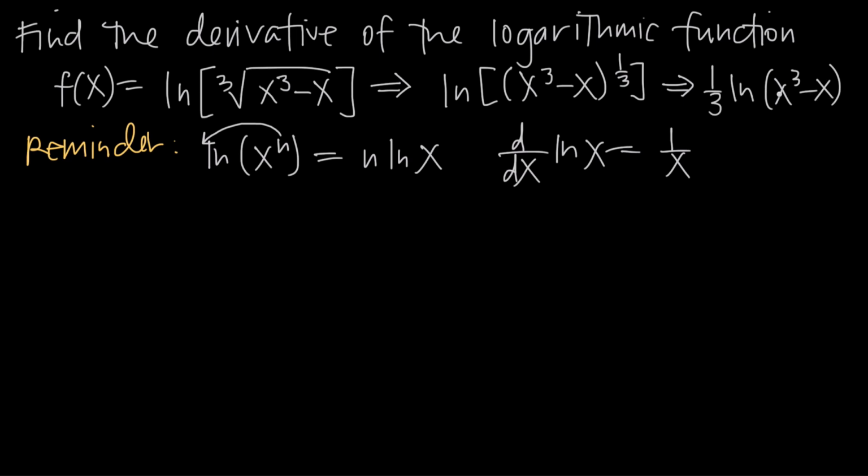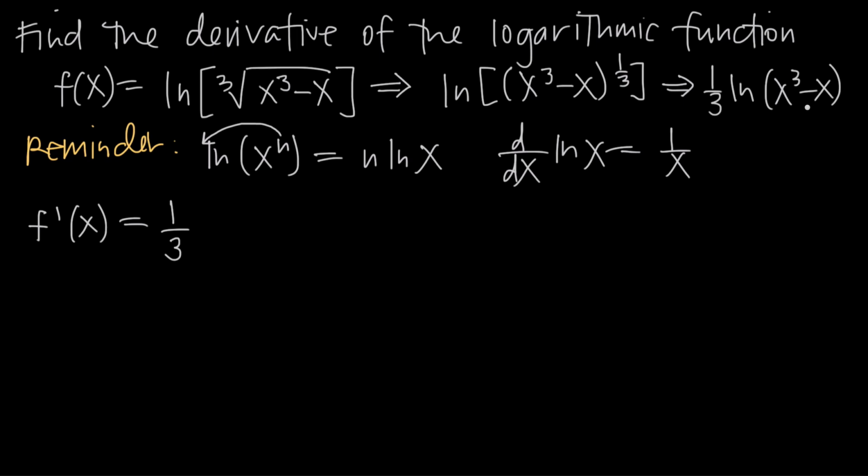Now with the function simplified to this point, we can go ahead and start working on the derivative. So if the original function is f of x, the derivative function is going to be f prime of x. And when we take the derivative of 1/3 times the natural log of x cubed minus x, that 1/3 is going to stay out in front. We're really just dealing with the derivative of this natural log function.